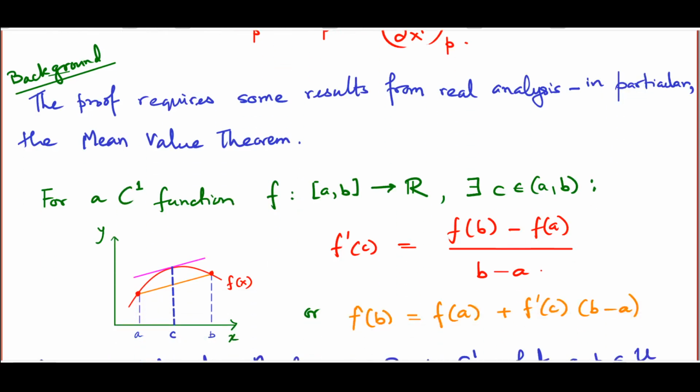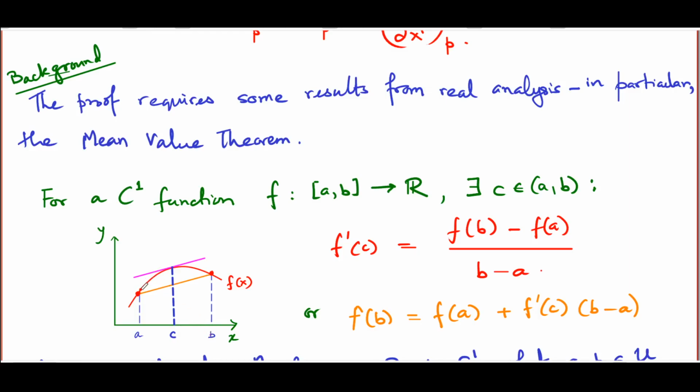Now let me try to show you what this means in a picture, and it should be pretty clear to you that this is something which has to be true. The formal proof of this can be found in any calculus text, and I am just omitting that for the time being. But what this means geometrically is the following. Suppose I have this C1 function f whose graph I have drawn here. So this is f of x drawn along the y-axis. This here is a point a and this is the point b.